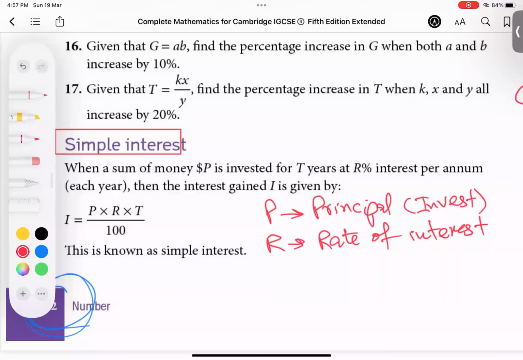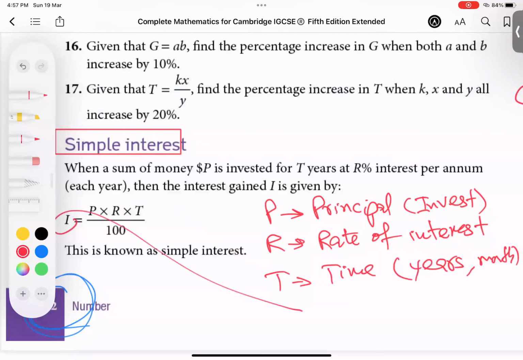For example, sometimes a company gives you 2%, 3%, 4% per year, or per month, whatever. What does the T stand for? Time. Time is mostly taken in years, but it can be months also. Then we talk about I. What does I stand for?